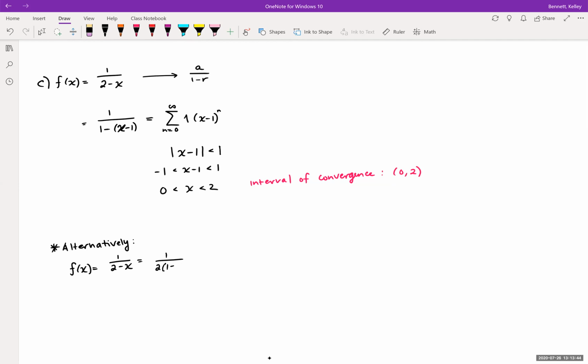Not doing a very good job. Okay, so now we're in business. So this equals 1/2 over 1 minus x over 2. Okay, so a is 1/2 and little r is x over 2. So I get the sum from n equals 0 to infinity of 1/2 times x over 2 to the n.